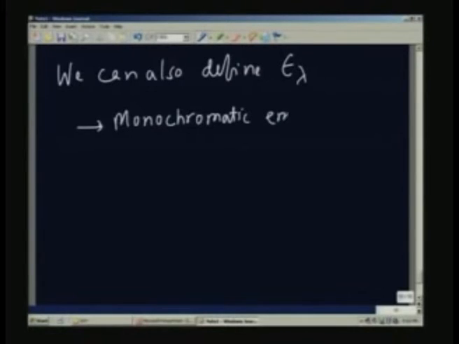So, I think this amount of background is adequate for appreciating what we are going to talk about, and therefore, we just say that it is possible to define a monochromatic emissivity, and correspondingly we can also define a monochromatic absorptivity and the monochromatic reflectivity.